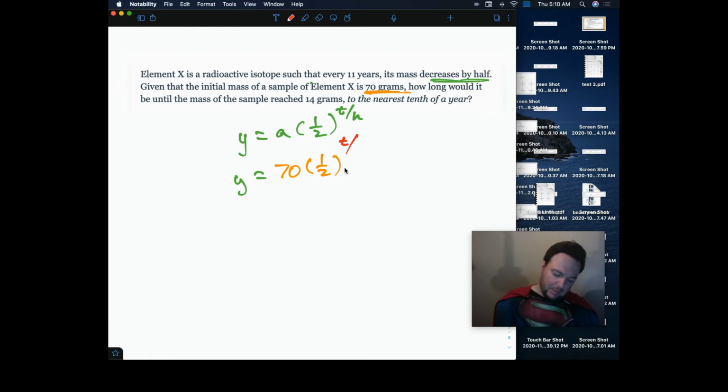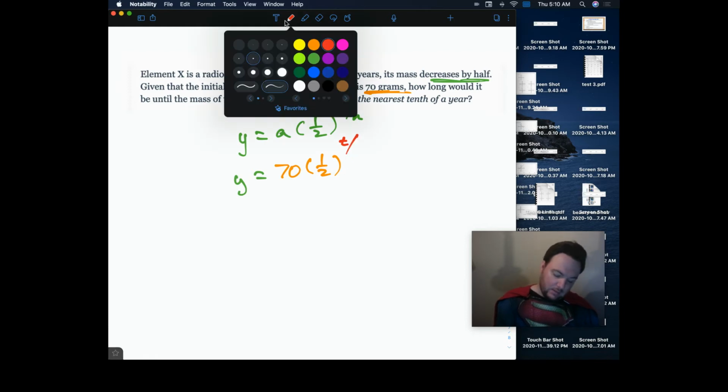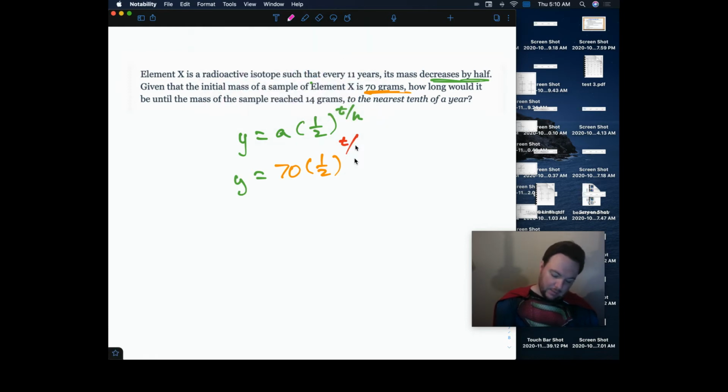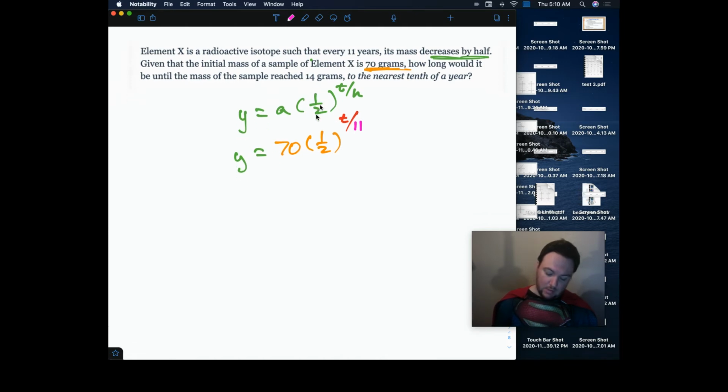There we go. We are doing this. This occurs every 11 years, right? And so here we want to know how long it takes to get to 14. So the interesting part here is that y now is going to be 14. And we just have to solve this equation. So how do we go about solving this equation?